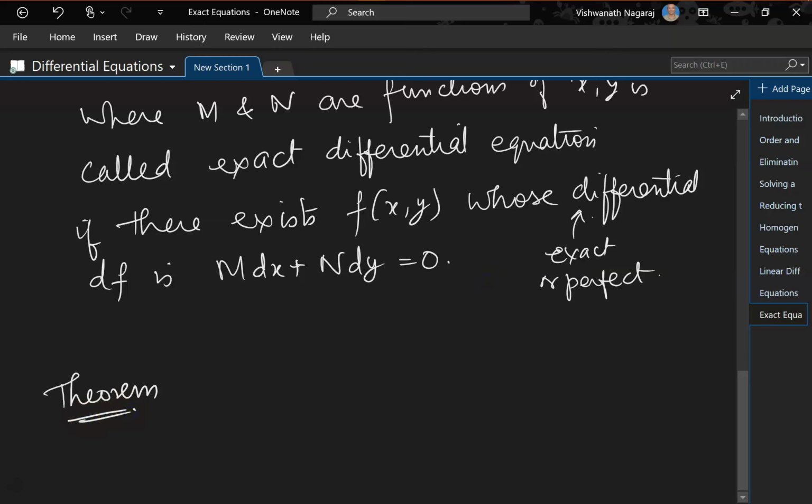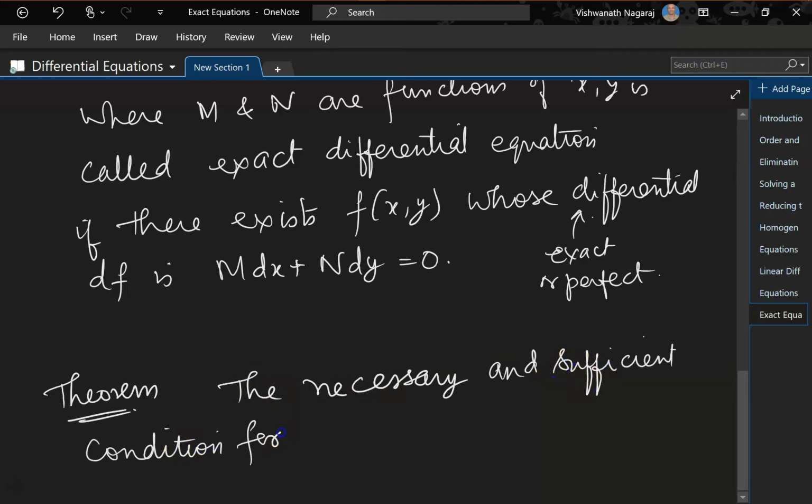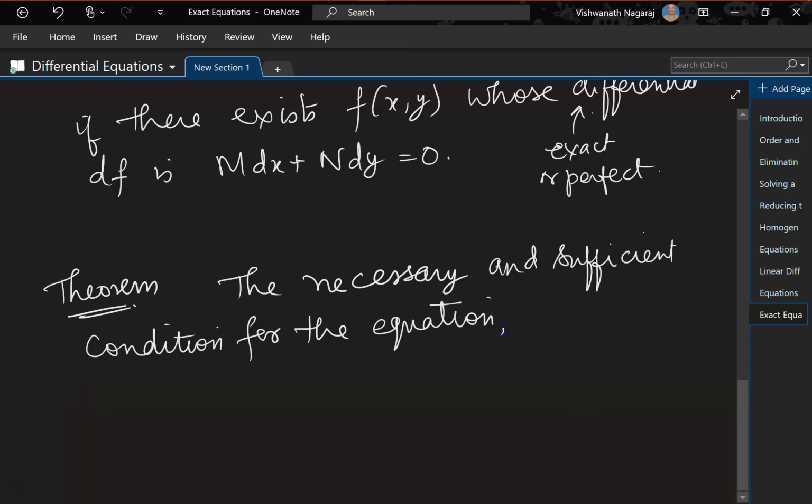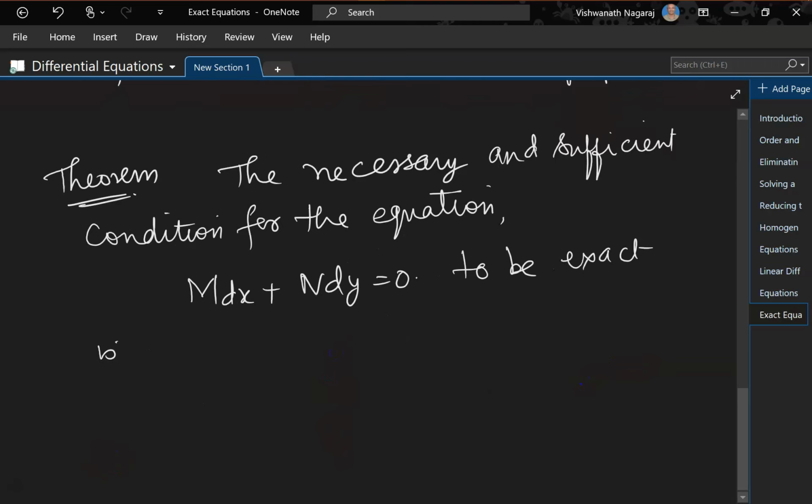There's a theorem associated with exact differential equations, and it says the necessary and sufficient condition for the equation M dx + N dy = 0 to be exact is ∂M/∂y = ∂N/∂x.